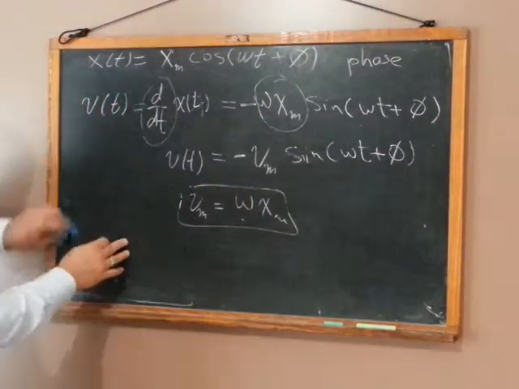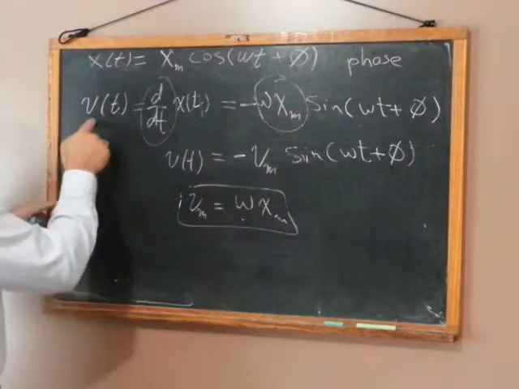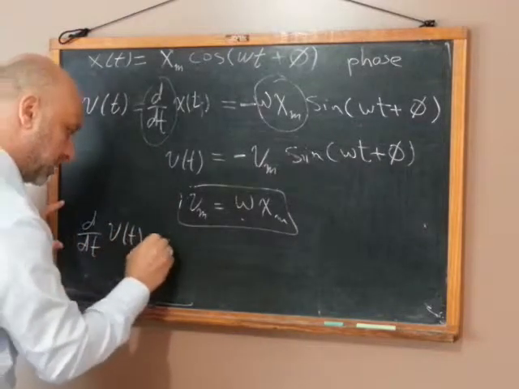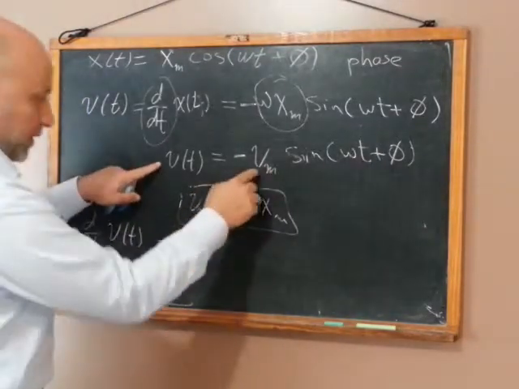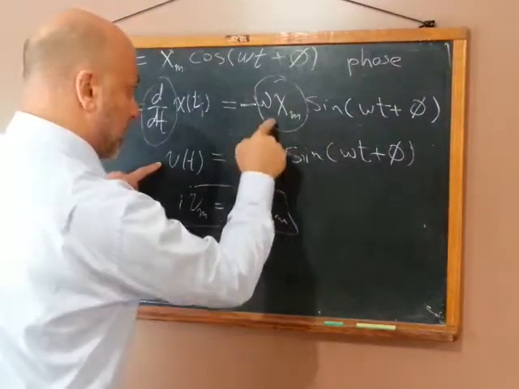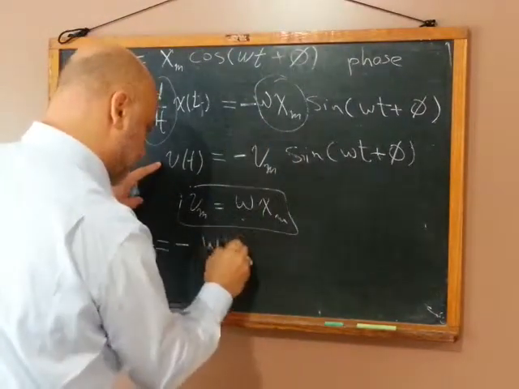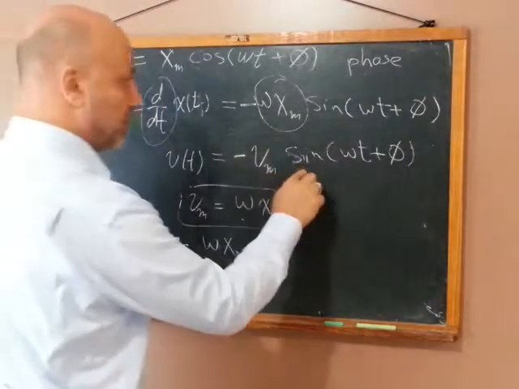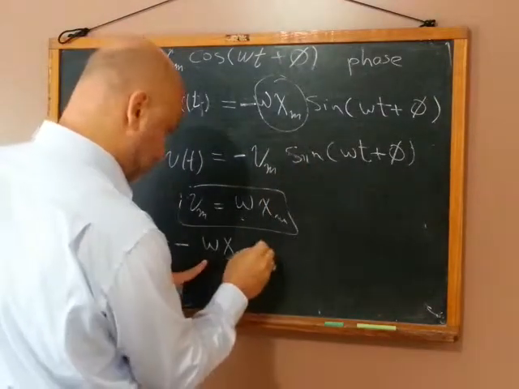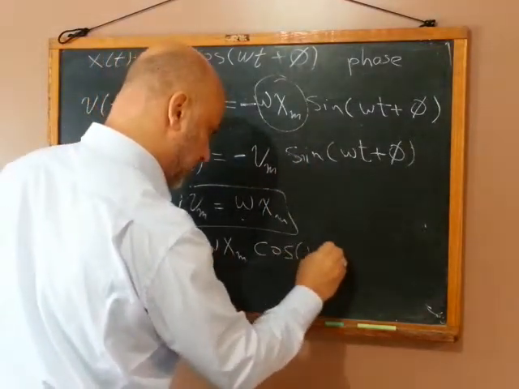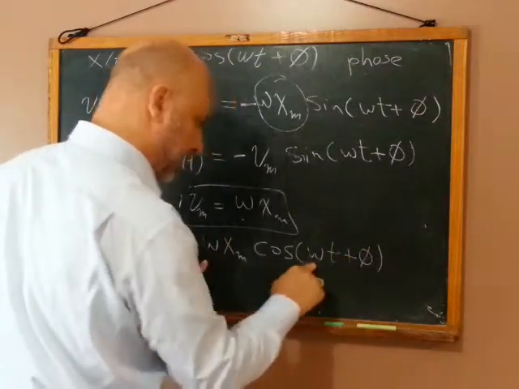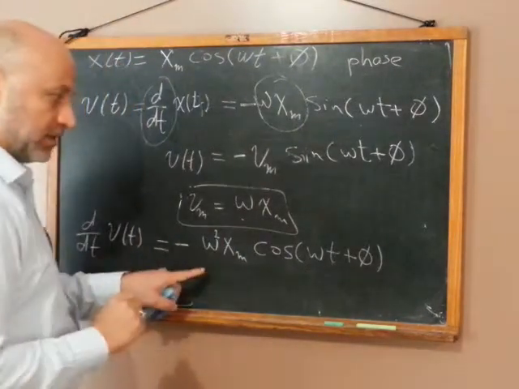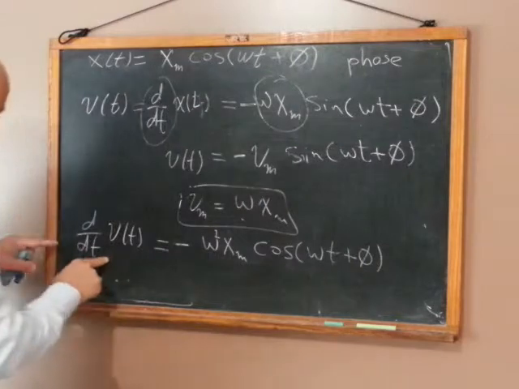The other thing is we differentiate one more time, we differentiate the velocity with respect to time. That's a of t equals, so the negative as is, and I'm going to write it back in terms of omega x max, I'll tell you why in a second. Then the derivative of sine is cos of omega t plus phi, and then the derivative of the angle is omega. So omega times omega is omega squared. What is that?